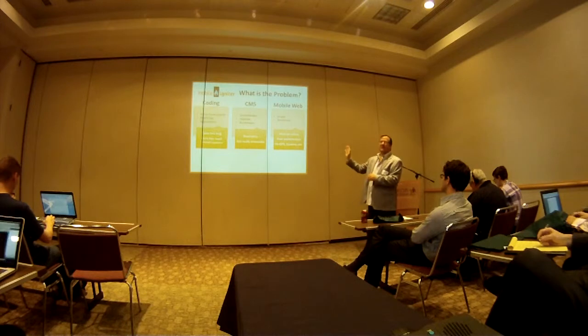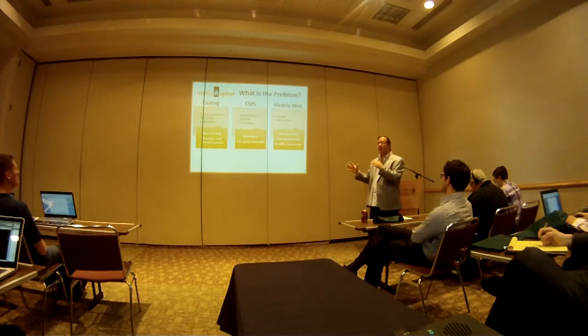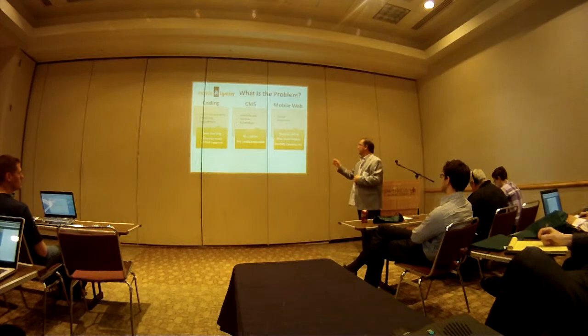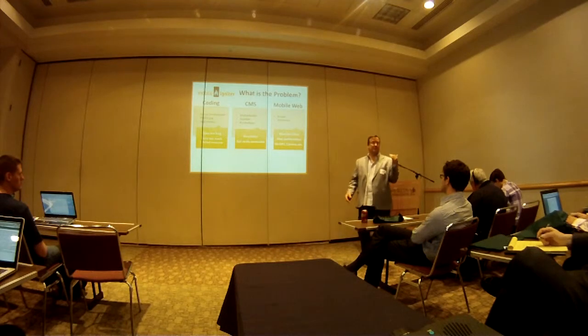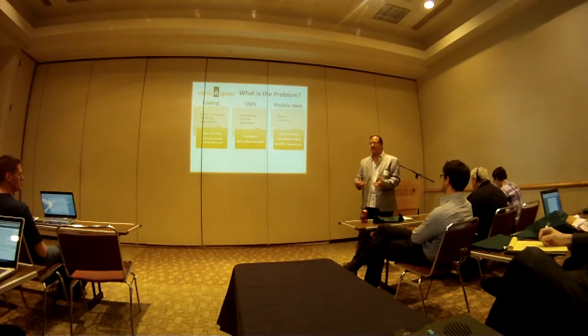And then on the far side, there's this huge thing with the mobile web, which is content that's built to be presented on different device types, be it a tablet or a mobile phone. The problem with those two is that you always have to be online, you always have to be connected. The second thing is poor performance. Generally speaking, you can't take advantage of native caching on the phone.